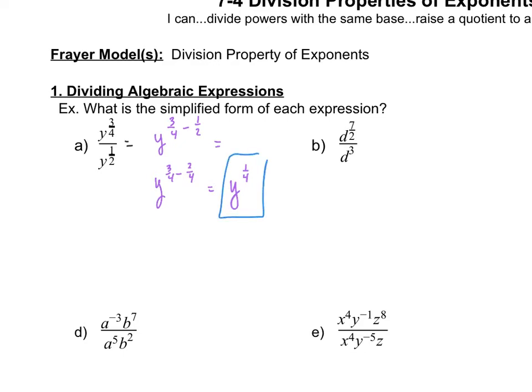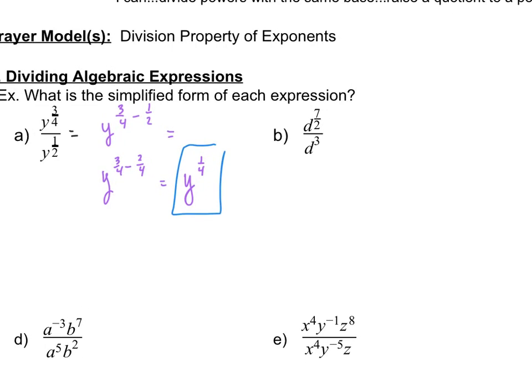Looking at part b here, again, we have like bases. It's d. Since we are dividing like bases, we're going to subtract our exponents. So we would have d to the 7/2 minus 3. Again, in order to add or subtract fractions, we have to have a common denominator.